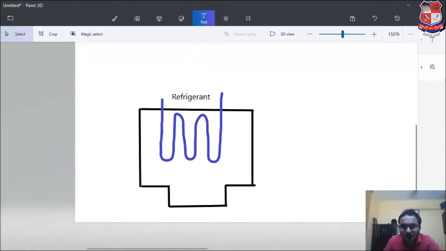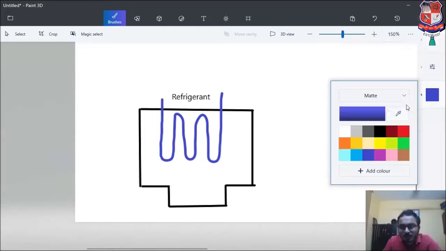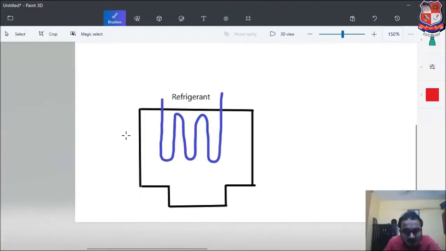Okay, this will be our refrigerant. Then here we will have our hot air which is entering the system. And at the exit it will get cooled down, as this is the cooling process.